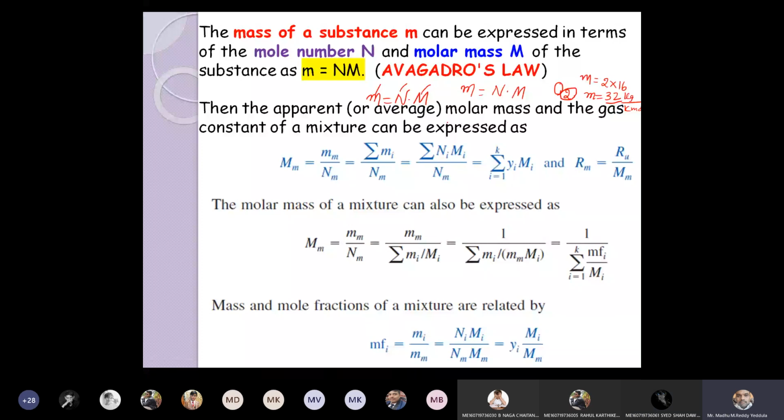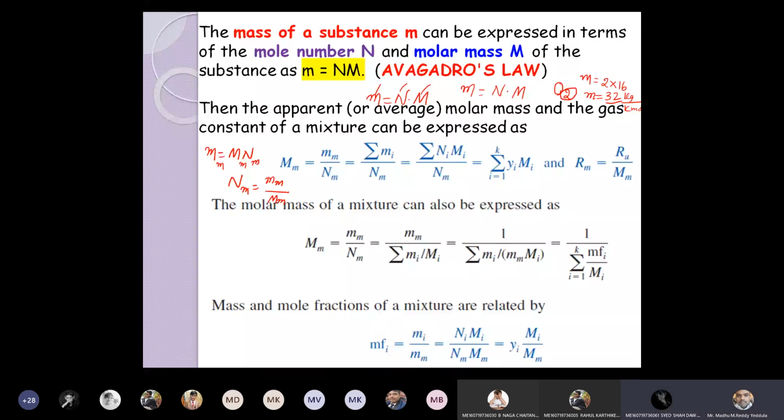Then the average molar mass and the gas constant of the mixture can be expressed. As we know, m is equal to N into M, and for the mixture, suffix m will come: mm equals Nm into M. Can we write like this?